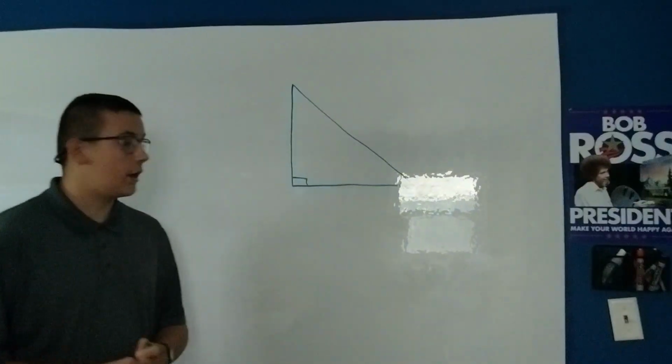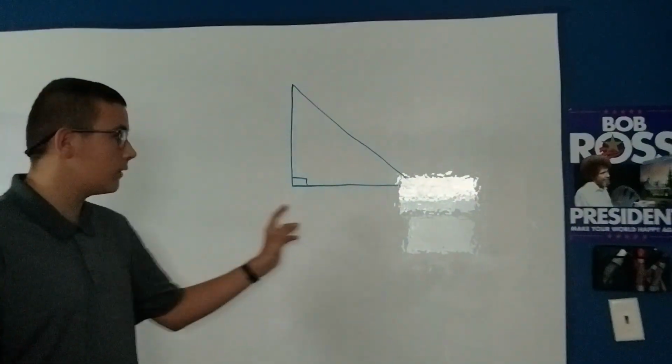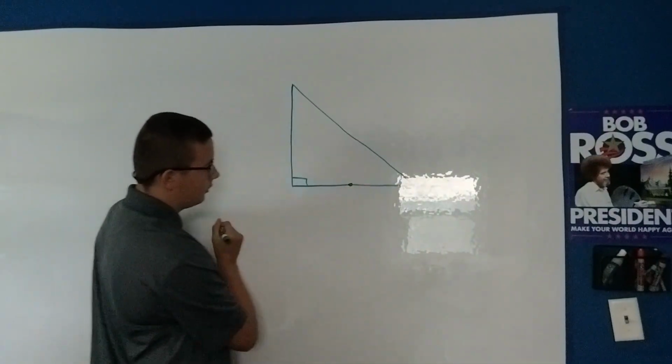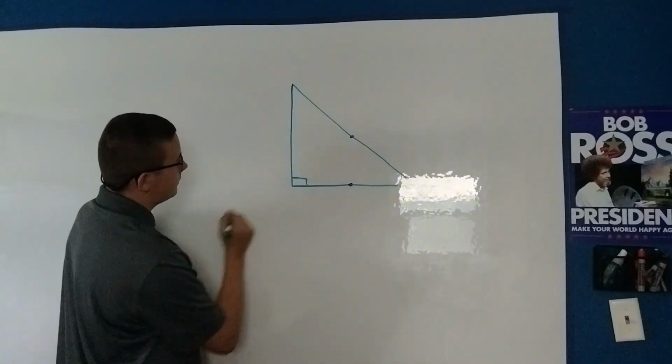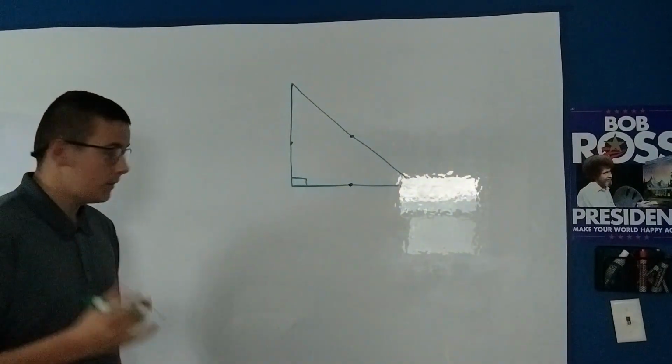So first I want to label all of the midpoints, because remember, it's a line from vertex to the midpoint. So let's say that's about the middle right there. We'll say that's about the middle right there. And that's about the middle right there.